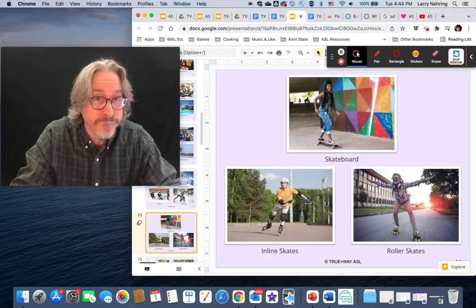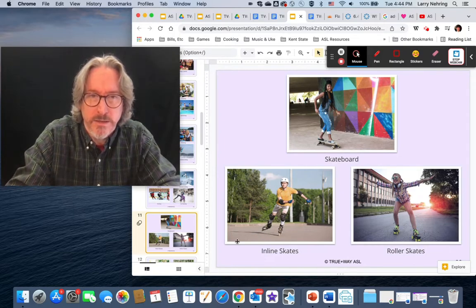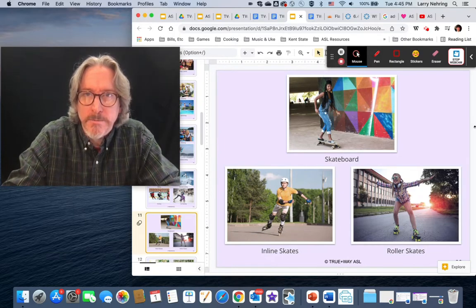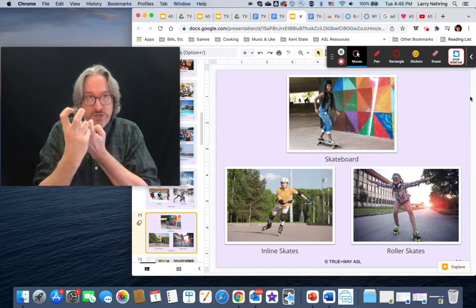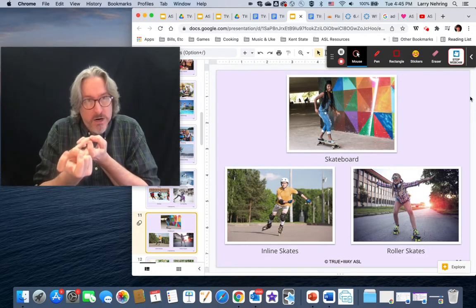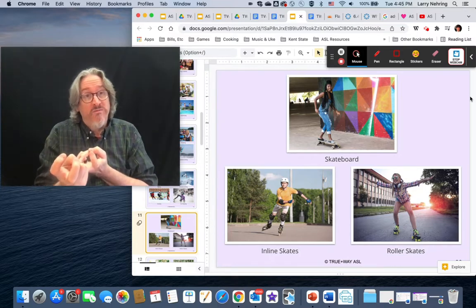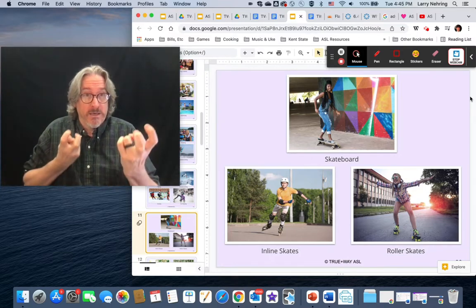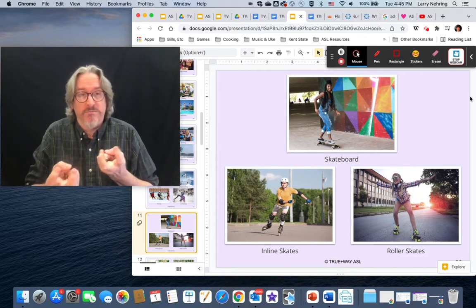Skateboarding. Let me pause this. So the easiest way to show with these is skateboarding. So the wheels are basically connected, right? Skateboarding. Versus roller skating, which is like we did with skating, right?